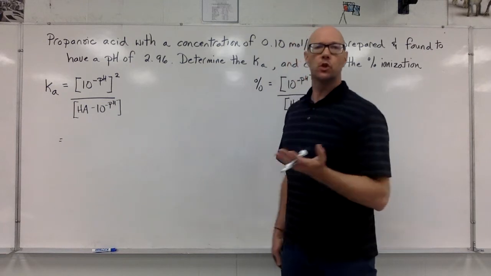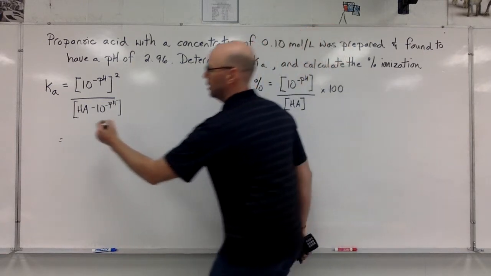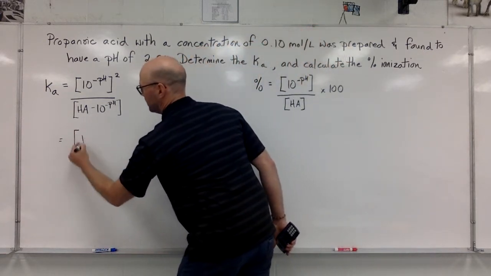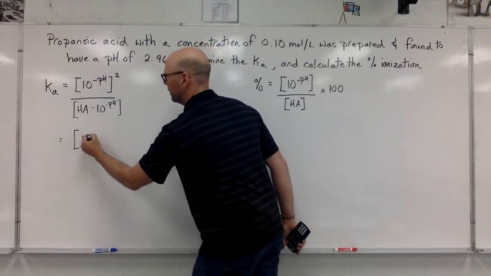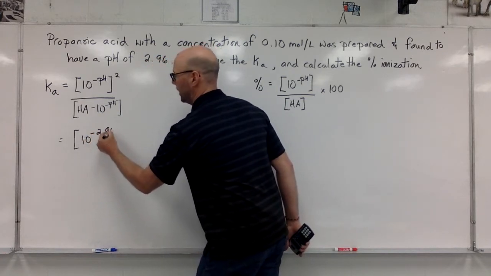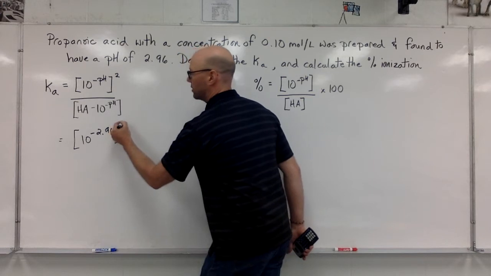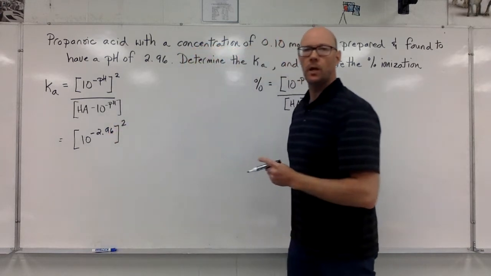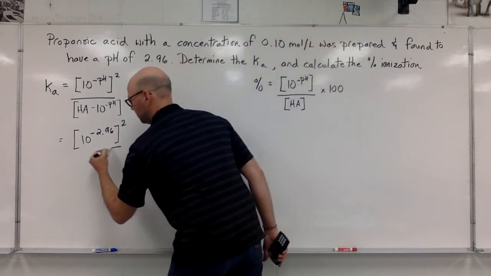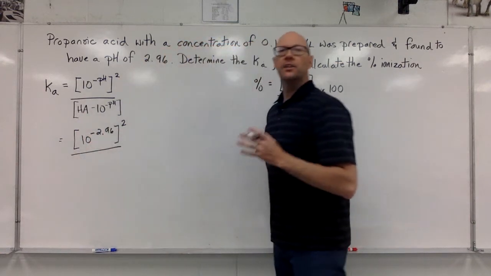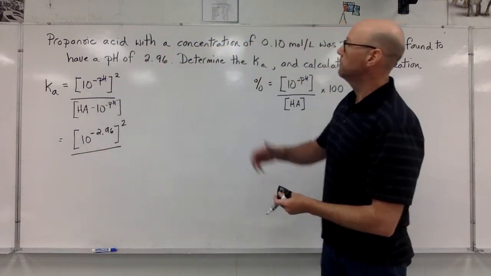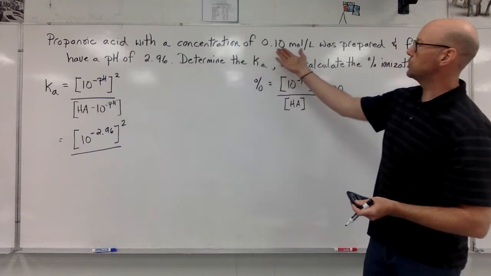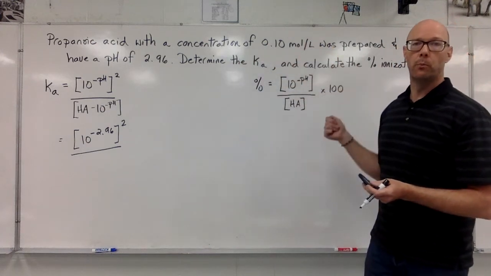The pH is 2.96. So here I have 10 to the power of negative 2.96. That's going to be squared. This is divided by HA, the initial concentration of the acid, propanoic acid with a concentration of 0.10 moles per liter.